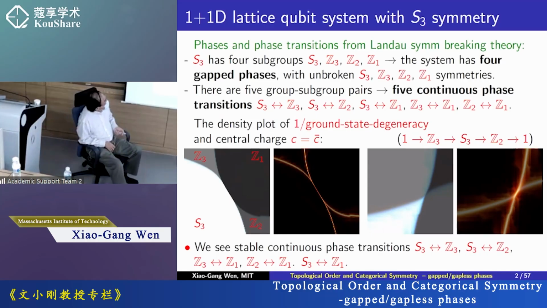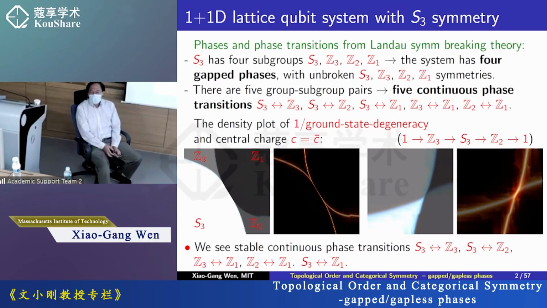So there's already a question: do we have other gapped phases in addition to these 4 symmetry breaking states, like SPT phases for S3 symmetry? According to group cohomology theory, the answer is no. But with some other theory that goes beyond group cohomology, you may get something.